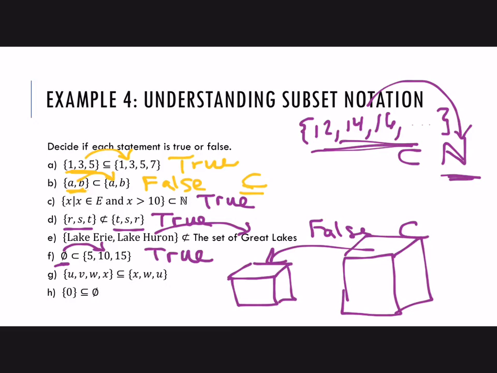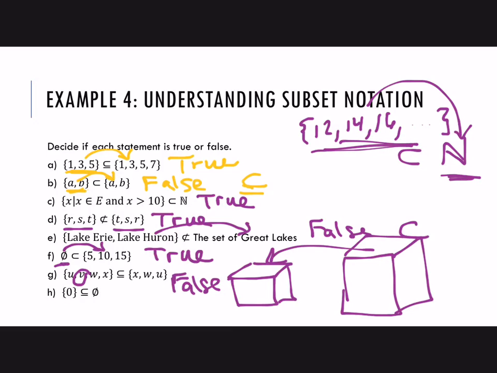All right, in part G, the set containing U, V, W, and X is a subset of the set containing X, W, and U. Well, that is false. All right, and the reason is that we have a V here that didn't come from the set on the right.